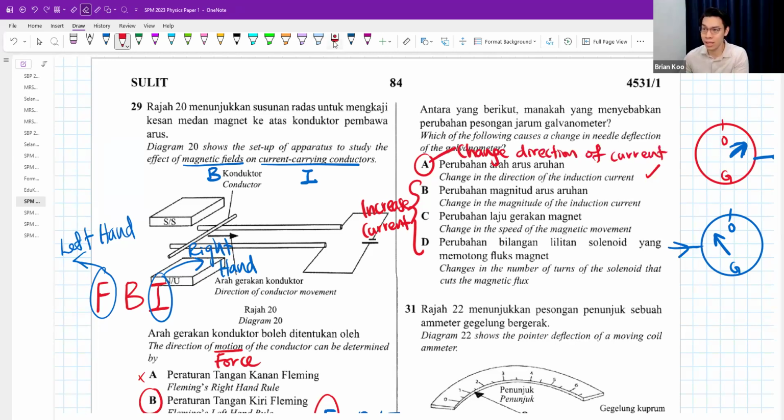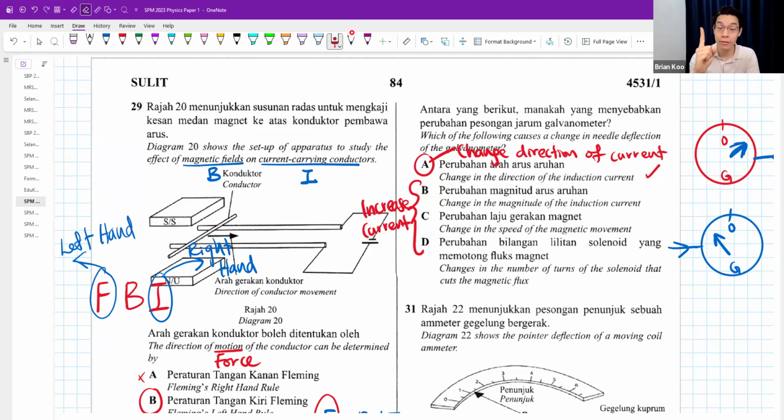And I think when they say which one causes a change in needle deflection, they are referring to a change in direction.